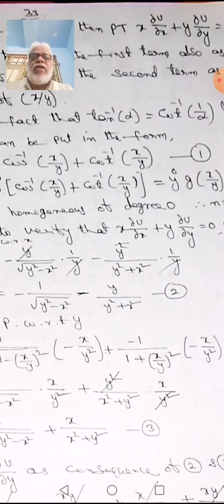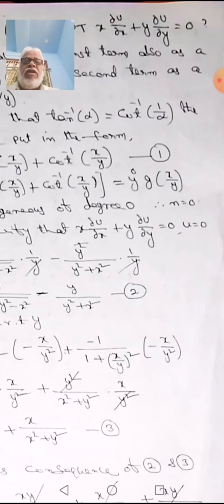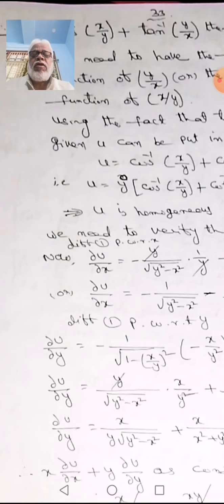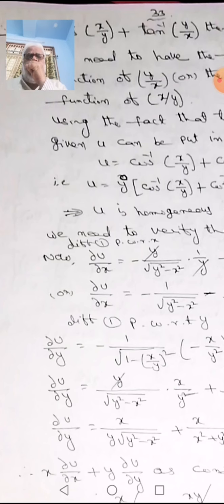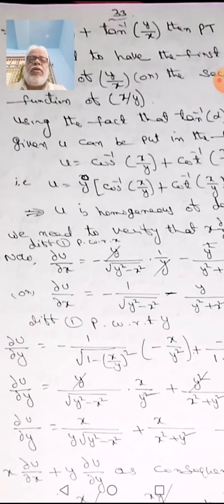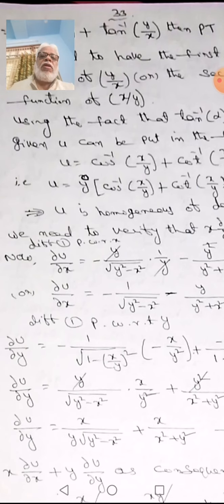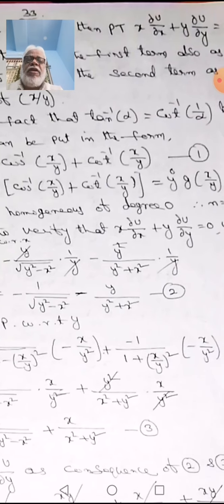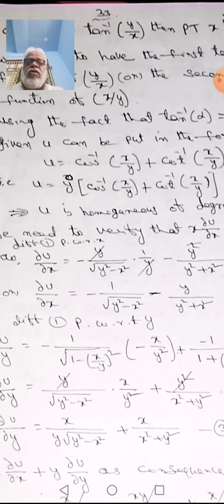So y power 0 of g of x by y, where here n is equal to 0. u is homogeneous of degree 0, because if you take x by y, it is also y power 0, that is homogeneous. That's why u is homogeneous of degree 0, where n is equal to 0.